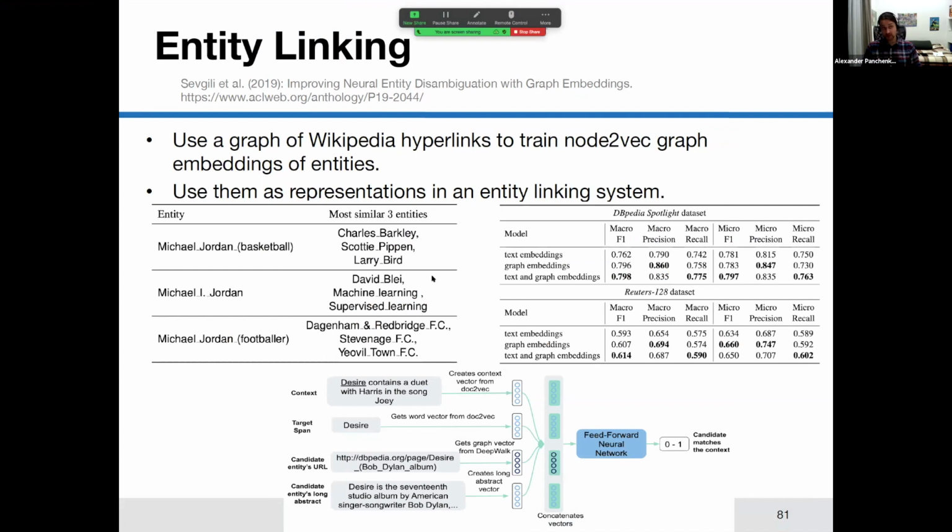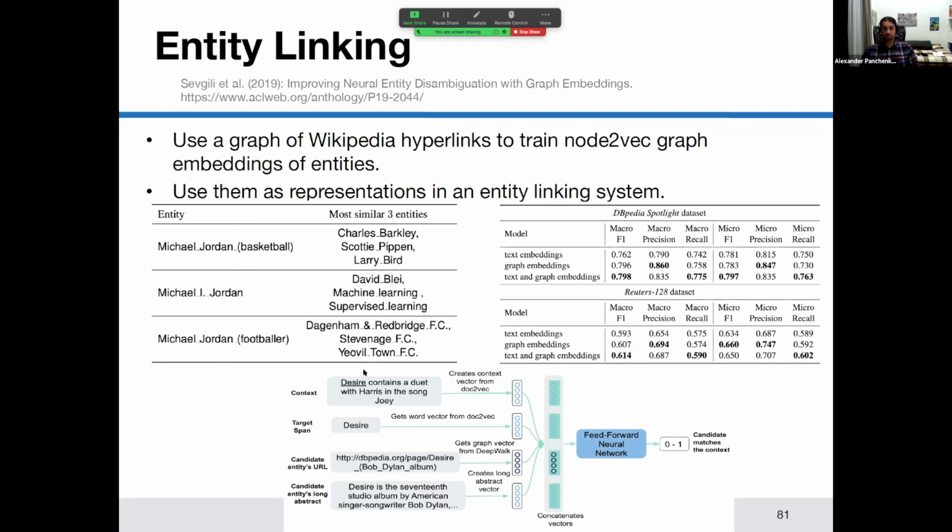The first application I'm going to show you was published last year at the ACL conference, related to entity linking. Entity linking is a task where you need to disambiguate words in context. Let's say you have Michael Jordan, football player, Michael Jordan, basketball player, Michael Jordan, mathematician. If you have a context, you have to tell which entity you are seeing now.